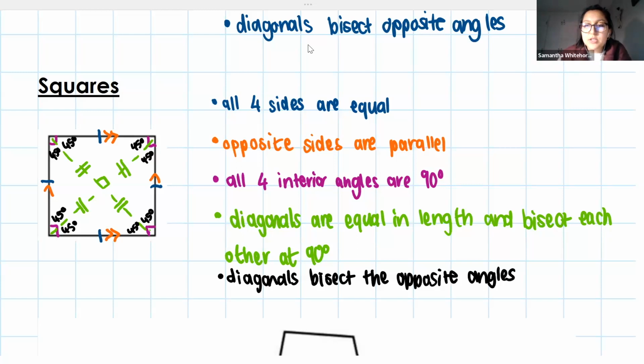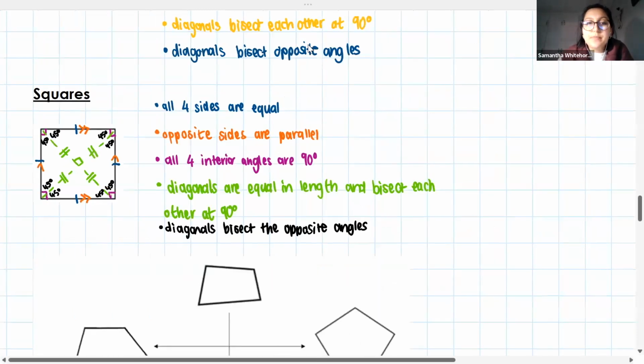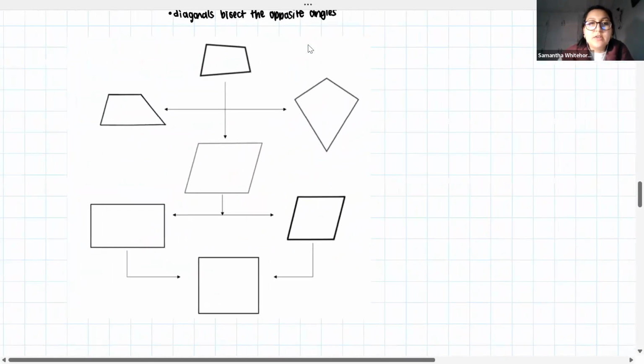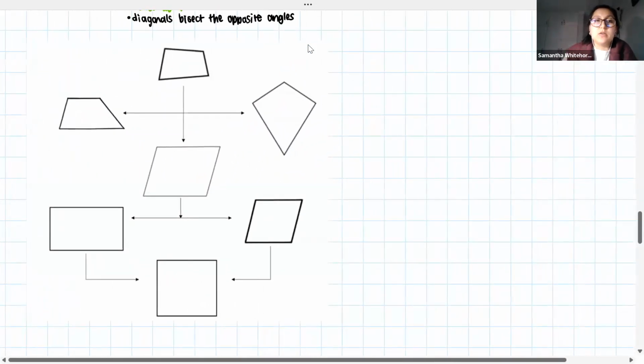Guys, any other questions before we have a look at an example? Alrighty, so just to give you an idea, this is the family tree, and this is exactly what I said to Umpanam.